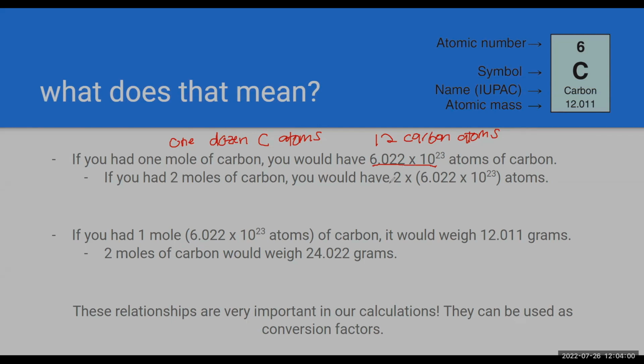And so that would be equal to 2 times 6.022 times 10 to the 23rd. I could also write this as something like 12.044 times 10 to the 23rd carbon atoms.